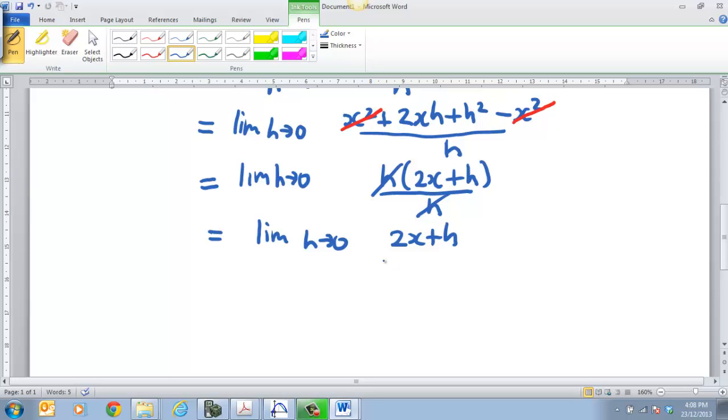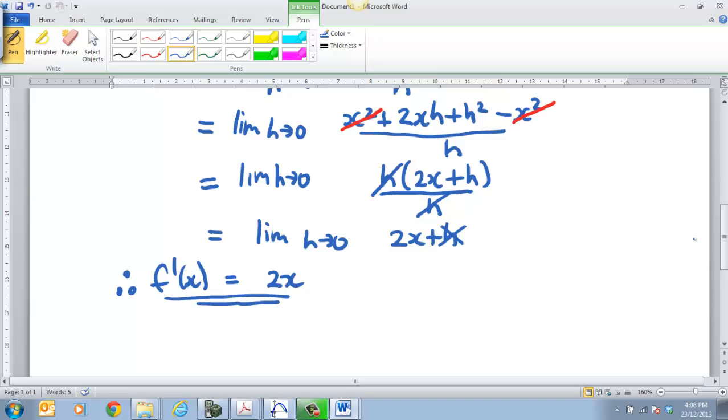Now, if I make h equal to 0 here, what happens? Well, it just basically gives me 2x. So therefore, f dashed of x is in fact equal to 2x. Where I've made this h term equal to 0, so it just goes out. So therefore, that is the slope of the tangent at that point.